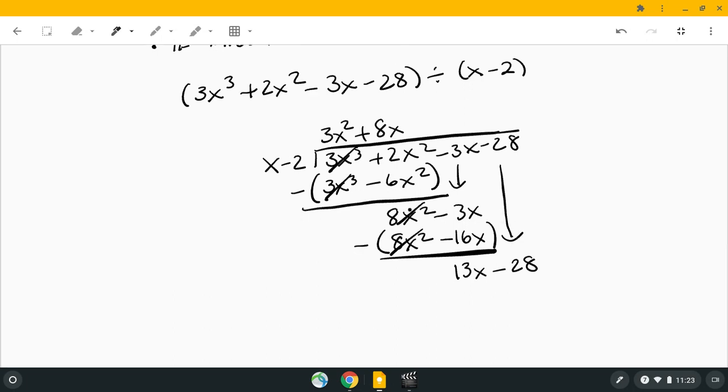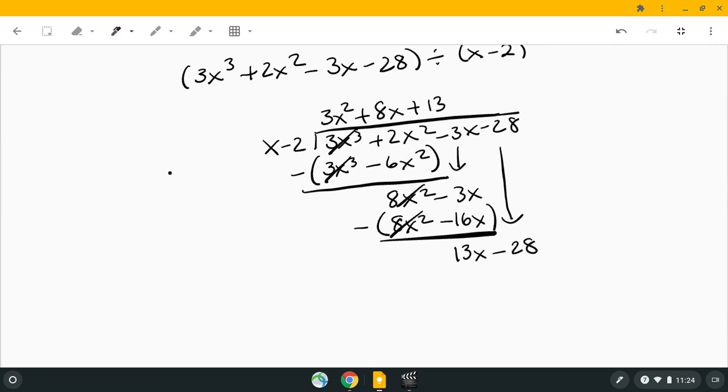minus 28. And then again, ignore the minus 2, x times what will give me 13x, and that would be 13. Now we're going to distribute this 13 times all of this. So 13 times x is 13x. 13 times negative 2 is negative 26.